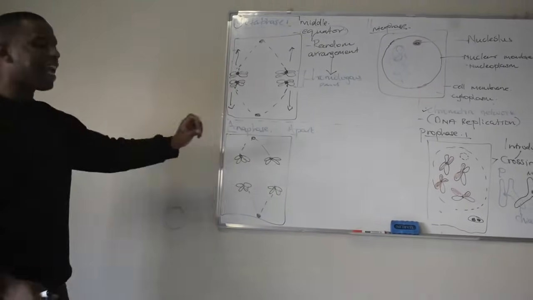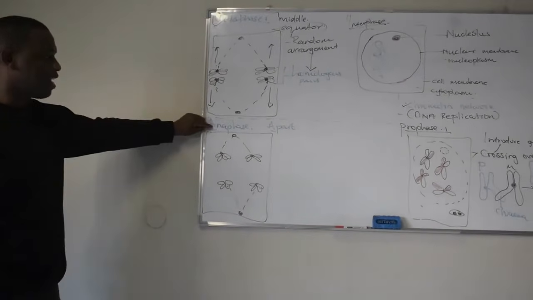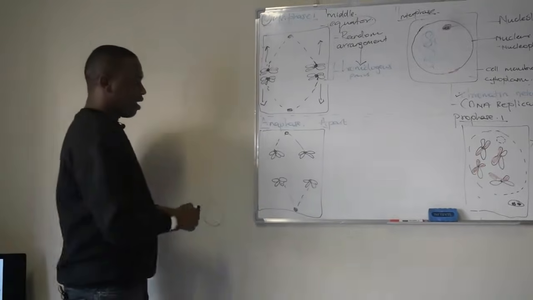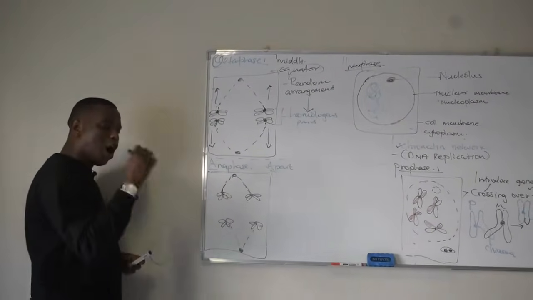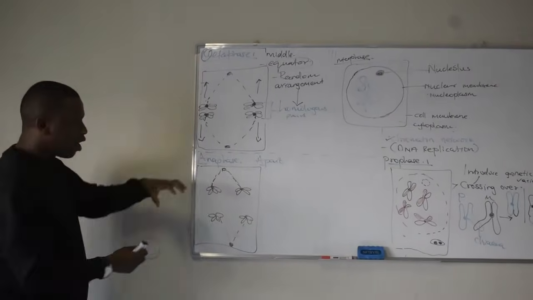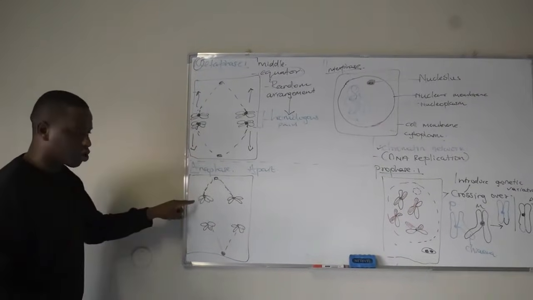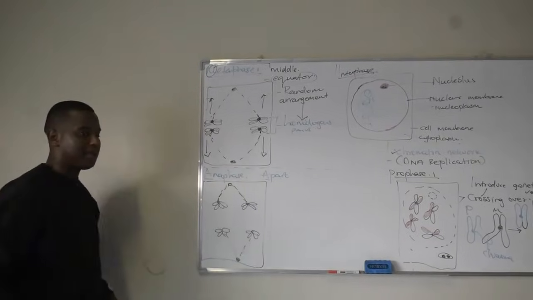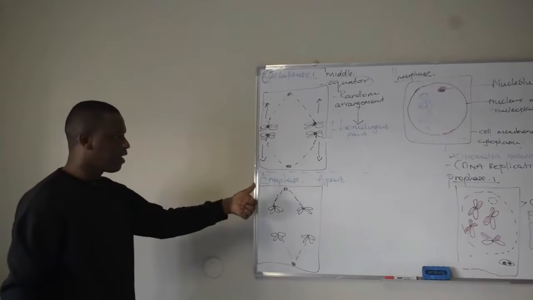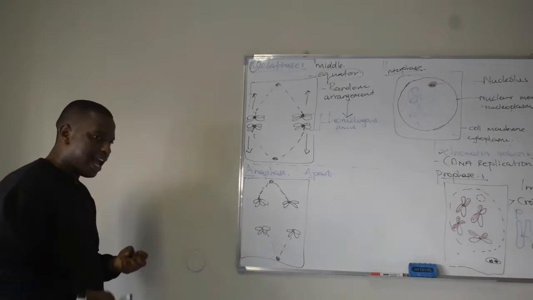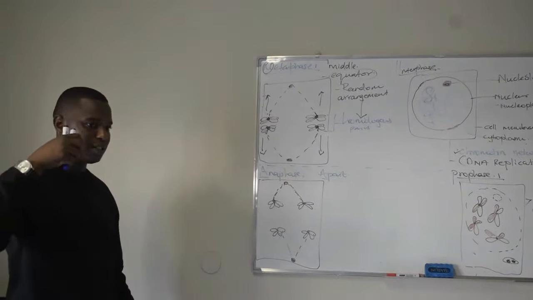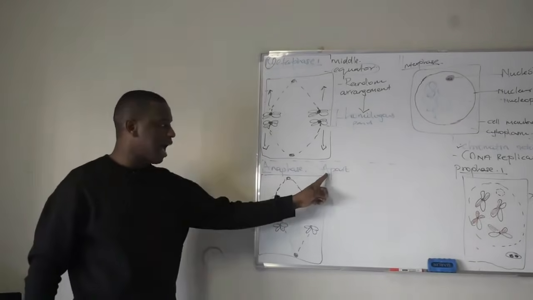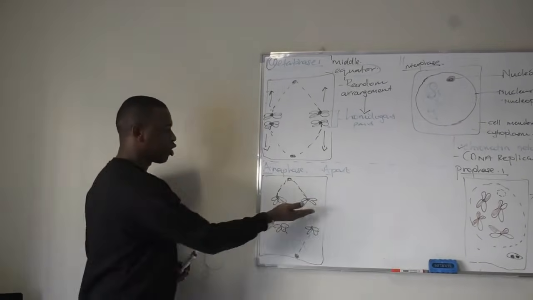So when they say explain what happened in anaphase, these are spindle fibers, and the only thing that is capable of pulling the chromosomes is the spindle fibers. Spindle fibers contract and pull the chromosomes to opposite poles, or pull chromosomes apart from each other.